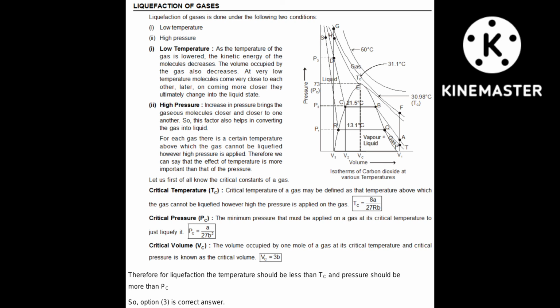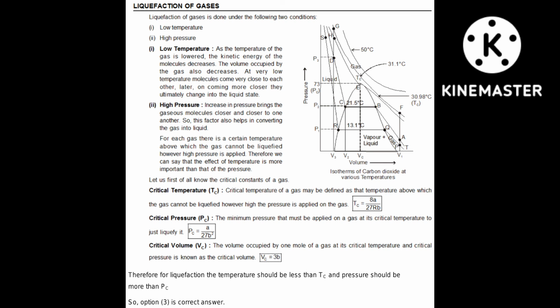Now I will tell you the critical constant values for some gases, because you should know them, and sometimes in examinations these values will help you. Critical temperature, critical pressure and critical volume for some gases. For example, first gas hydrogen, its critical temperature is 33.2 Kelvin.